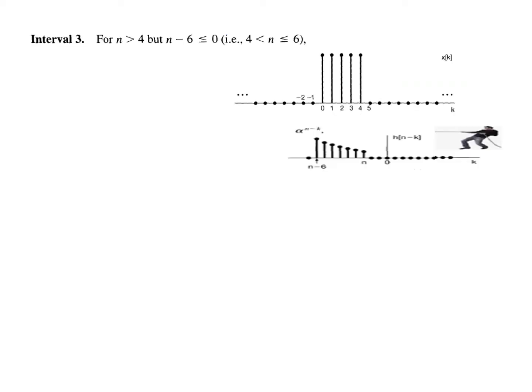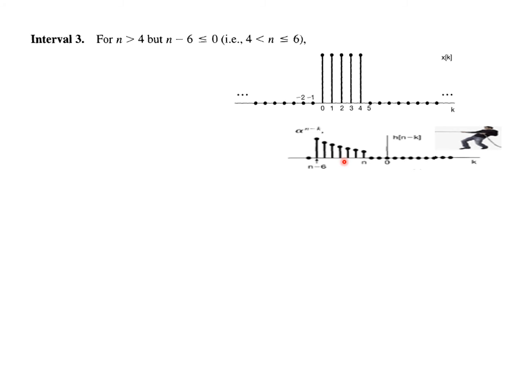Now let's move to interval 3. We have already discussed this interval, that now for n greater than 4, so now this has gone out, so there is a situation change, but there is no situation change on this side. It is still outside of the limit. So when will this change?